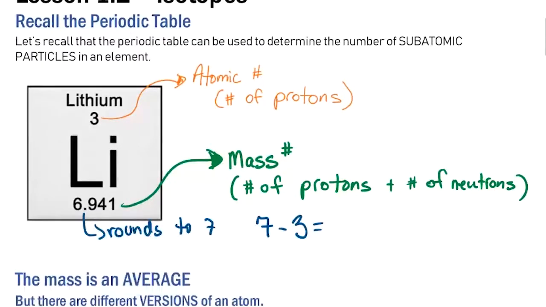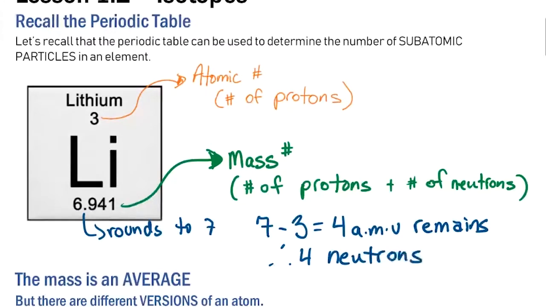So if we take away the mass of the 3 protons, that leaves a mass of 4 atomic mass units, which means there must be 4 neutrons in an atom of lithium. And that is what you were taught last year, and that is fundamentally true.